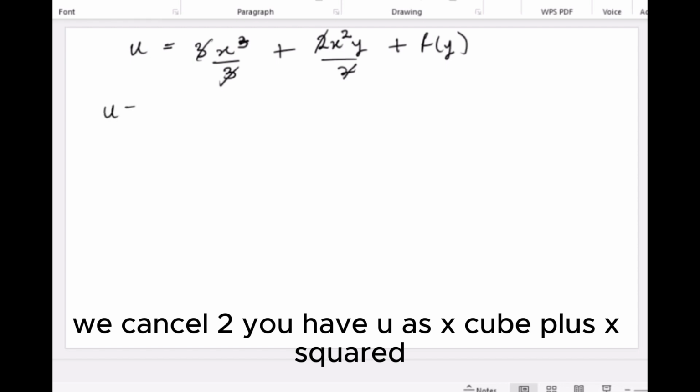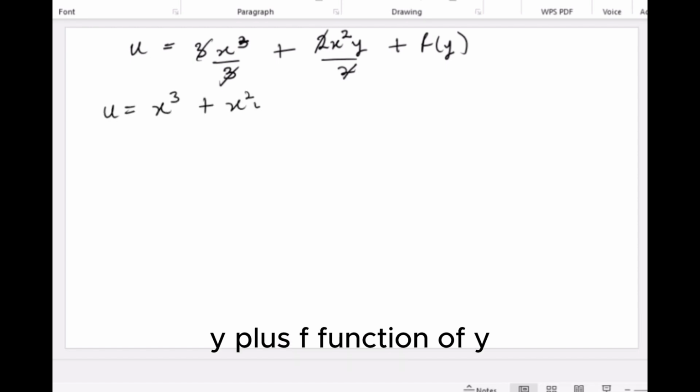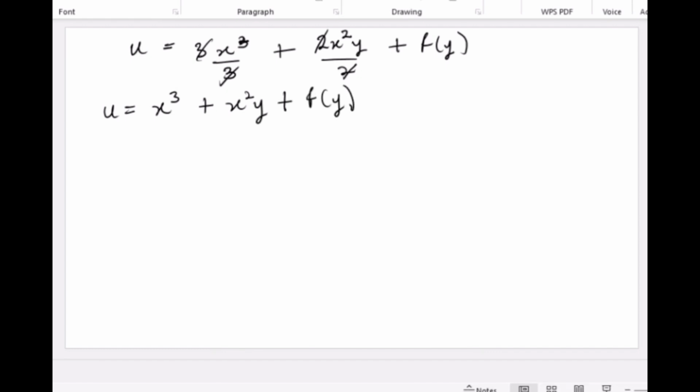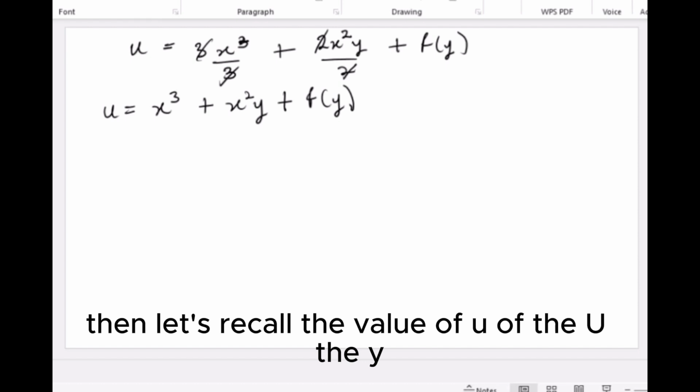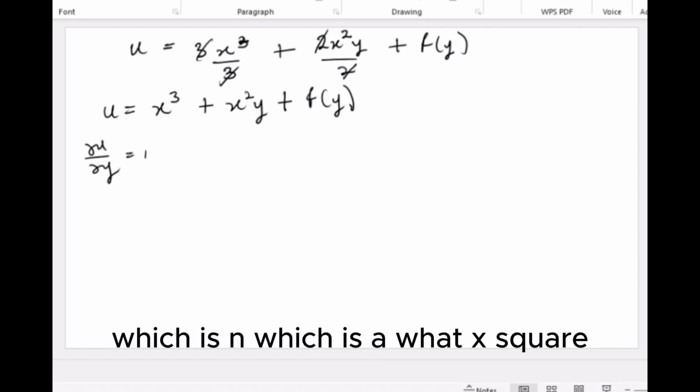You have u as x cubed plus x squared y plus f of y. Then let's recall the value of du/dy, which is N, which is what? x squared.